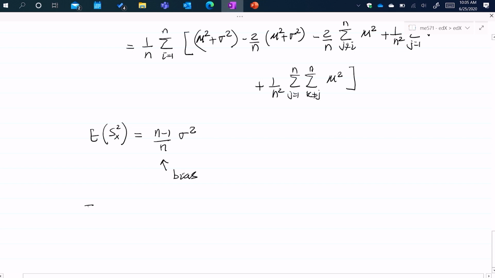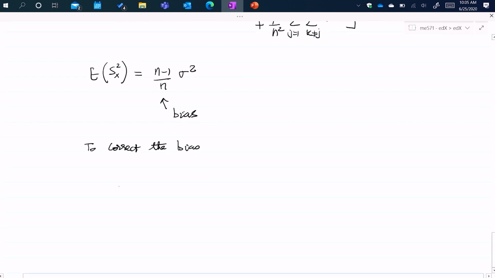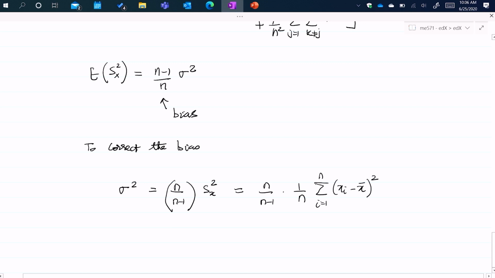So to correct the bias, what we need to do is write sigma squared as n over n minus 1 times S sub x squared. That gives us the formula n over n minus 1 times 1 over n times summation i going from 1 to n of xi minus x bar squared.